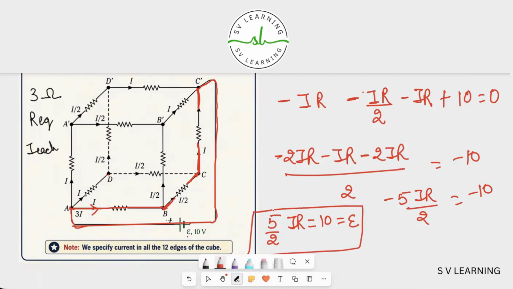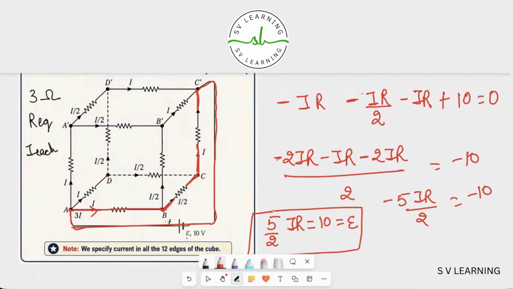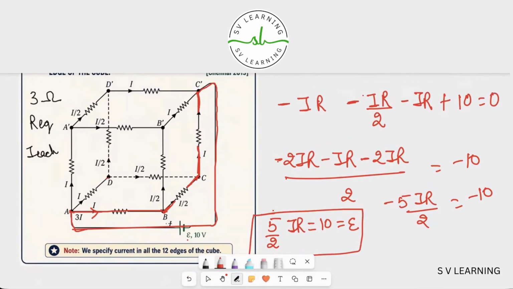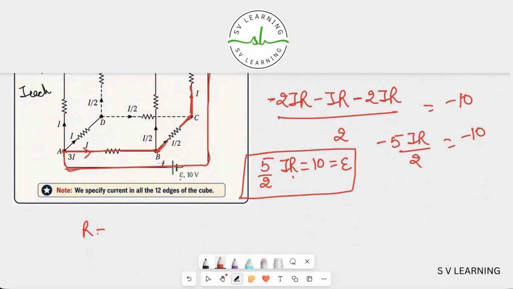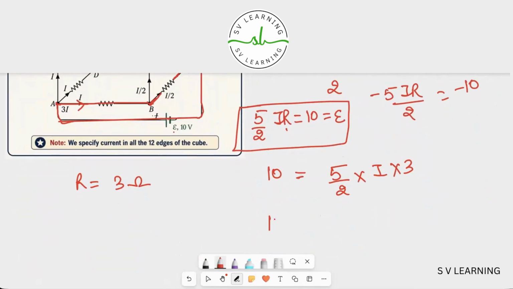All right. This is the first thing. Now what is R? This R is 3 ohm. If you substitute R as 3 ohm, what will I get? 10 is equal to 5/2 into I into 3, so 10 is equal to 15/2 I. This will give me I is equal to 10 into 2 by 15.